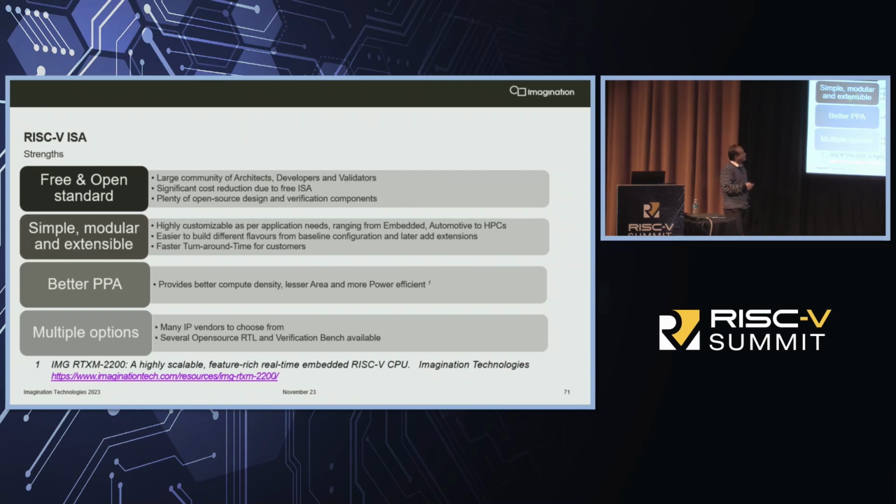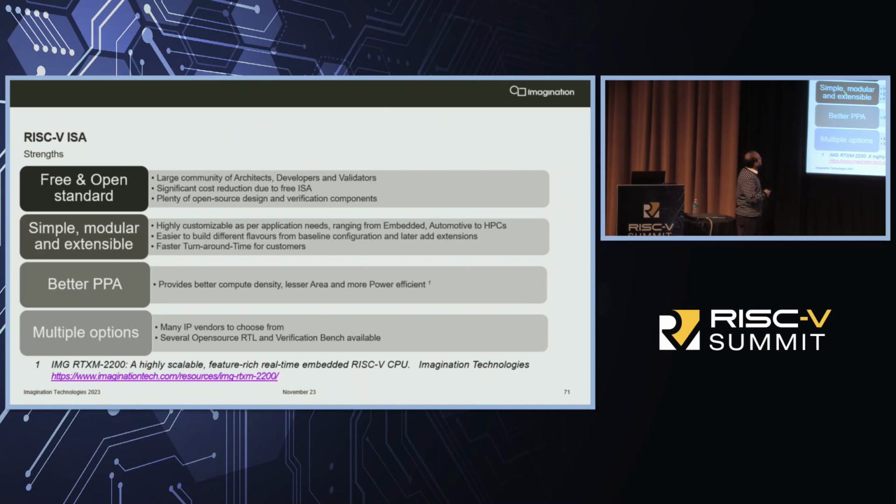It is simple, modular, and extensible. From the keynote, you might have seen that plenty of extensions are getting ratified, and newer extensions are getting added every day. So it is growing pretty fast, and this is a very key design feature for automotive, where these RISC-V CPUs are easily scalable from embedded to automotive to HPC.